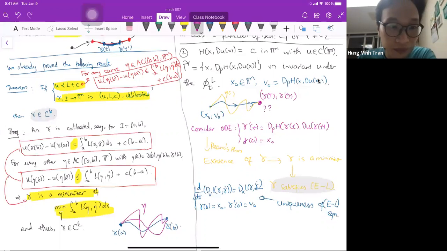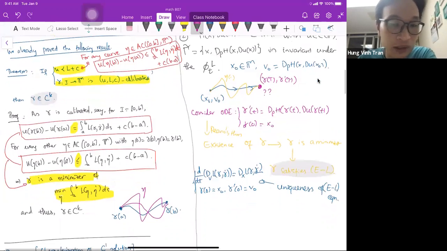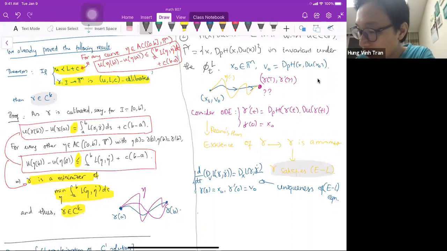Then it just shows us that gamma is a minimizer, right? So gamma is CK, because that's what we used the first 10 lectures to prove. Okay, so you see that now we can really enjoy a lot of things that were given to us beforehand, right? So that's good.